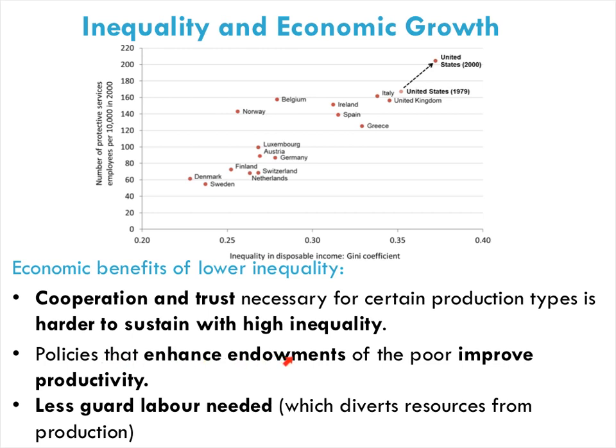Policies that enhance the endowments of the poor often improve productivity, give them an incentive to try harder because they have more access, right? If you're poor and you have no hope of getting ahead, there's not much to incentivize you. And there's less money wasted on guards and fences and gates keeping each other away, keeping the large homes away from the people that have nothing.